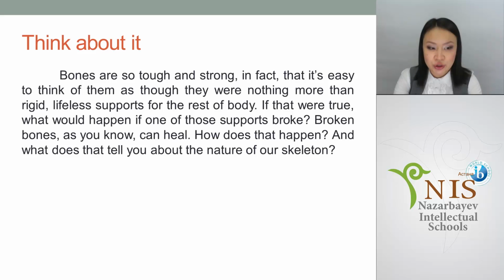If that were true, what would happen if one of those supports broke? Broken bones, as you know, can heal. How does that happen? And what does that tell you about the nature of our skeleton?